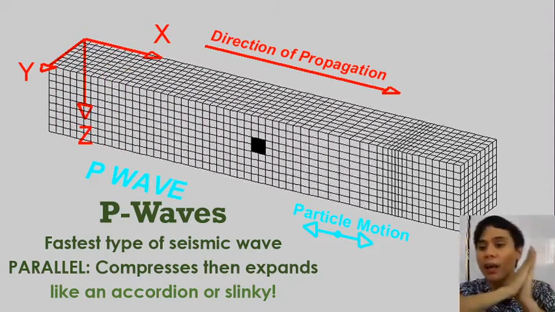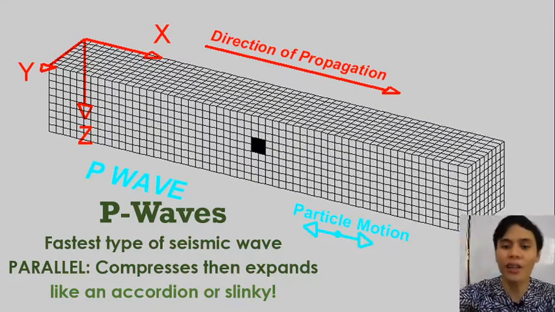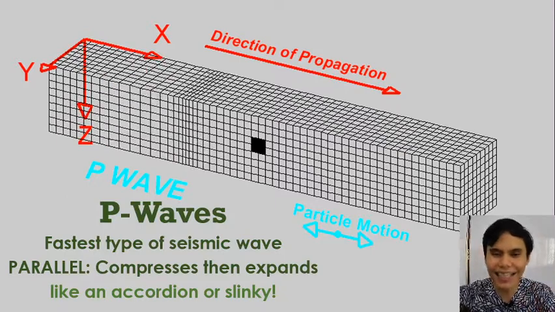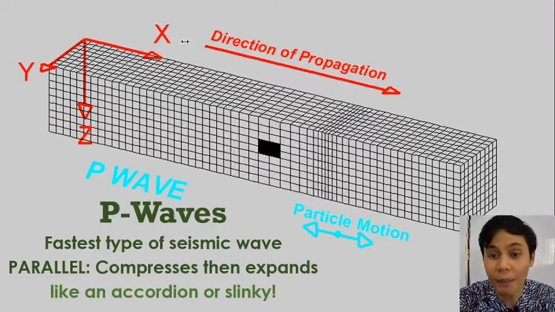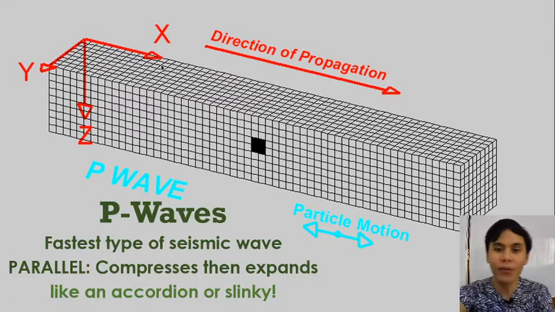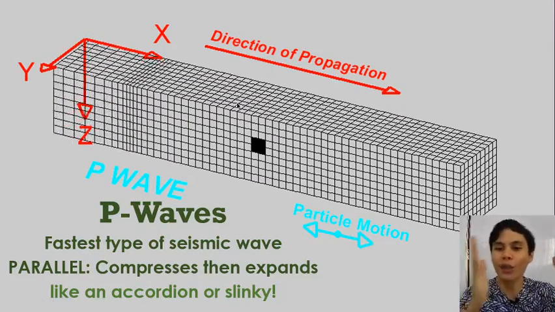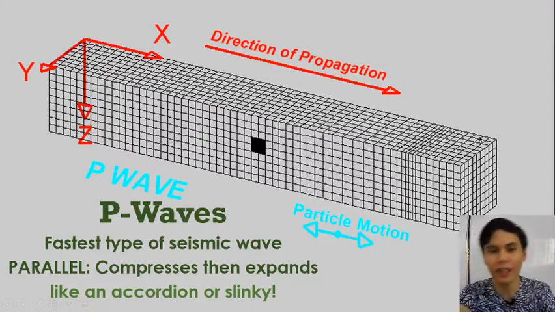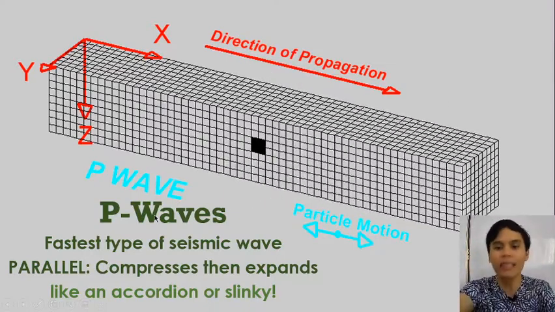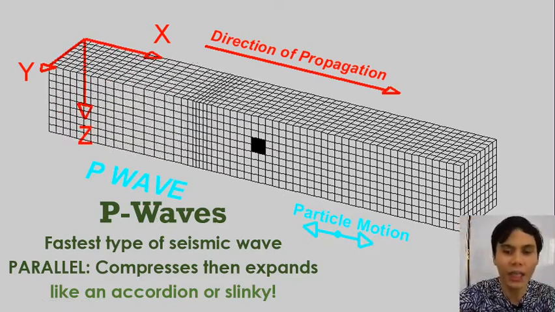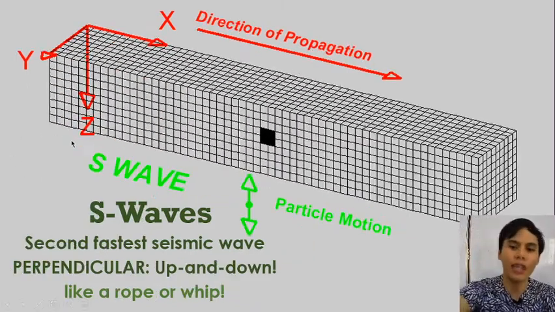As the wave travels, matter also gets compressed and expanded, or moved in the same direction. If the wave is propagating in that direction, matter also gets moved in that general direction. It gets compressed and expanded in the direction that the wave is traveling, like an accordion or a slinky. Again, P waves: parallel compression and expansion, and the fastest type of seismic wave.